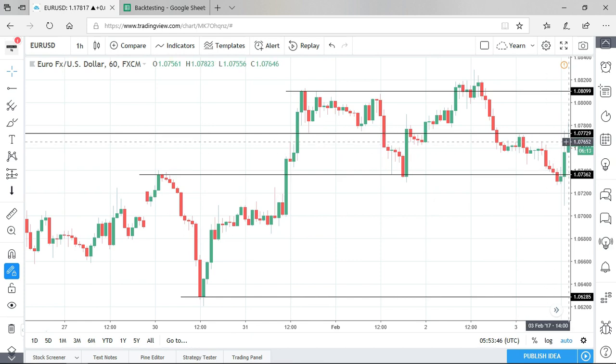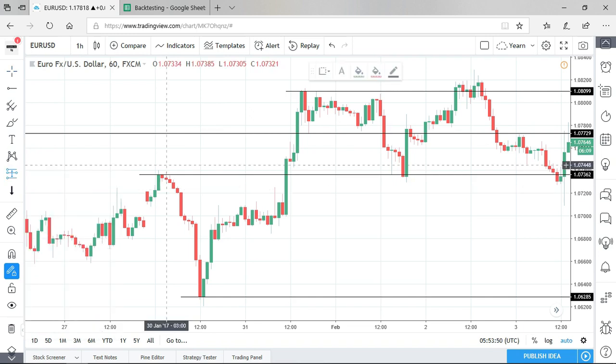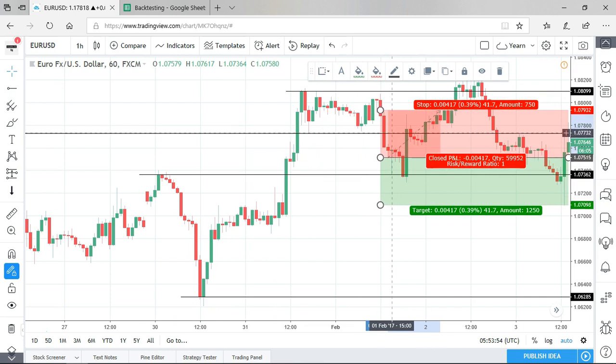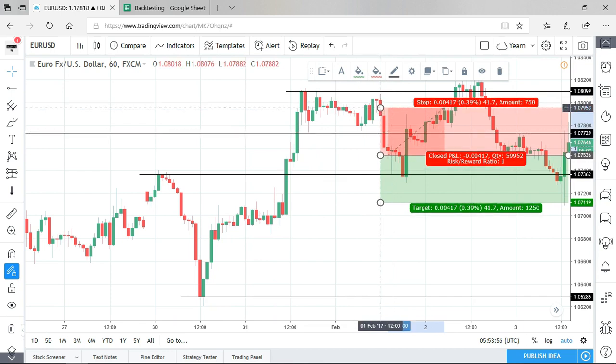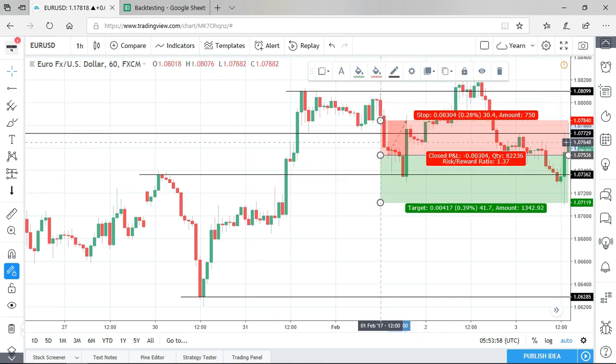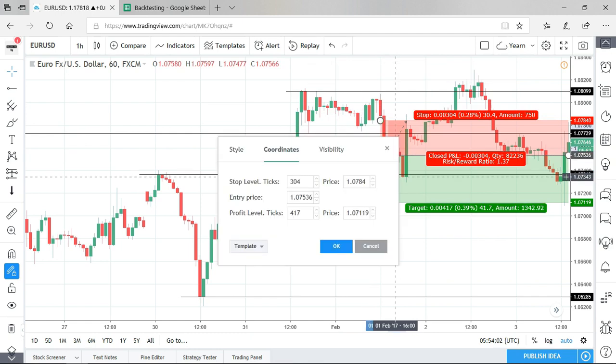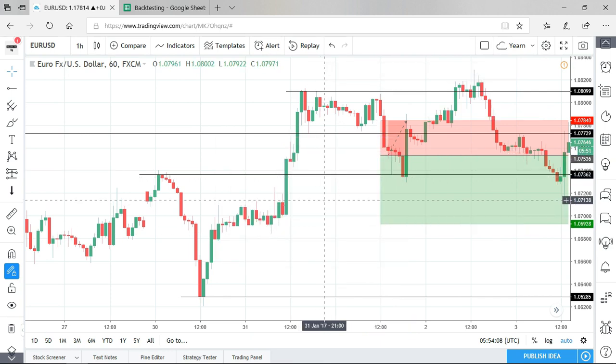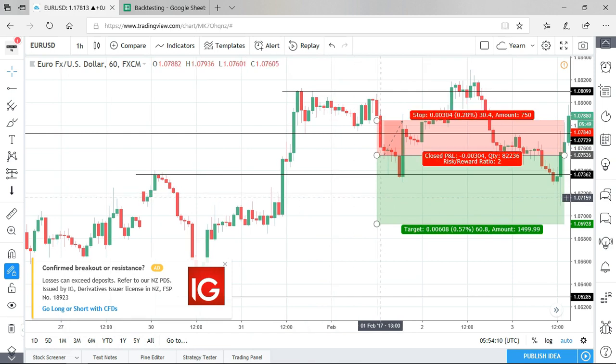And here we have another pin bar at resistance, so we're just going to do the same thing again. Just going to plot the risk reward tool, entry right below the candle, stop loss right above, and 1 to 2 risk to reward. We're just going to see how this trade plays out.